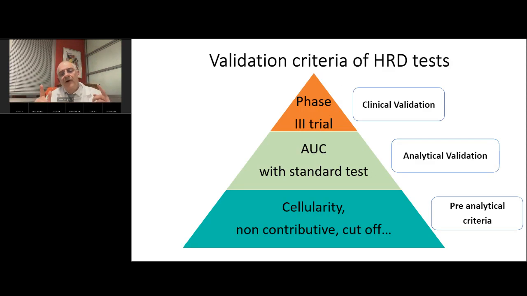It is very important that we already know that for validation criteria, on the top of it there will be one very important, which is the clinical validation. Even if we have a very good rationale to use one test, very good correlation, the best thing to have for a test is a clinical validation according to one of the phase 3 trials.